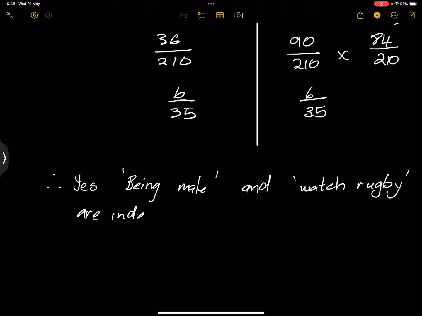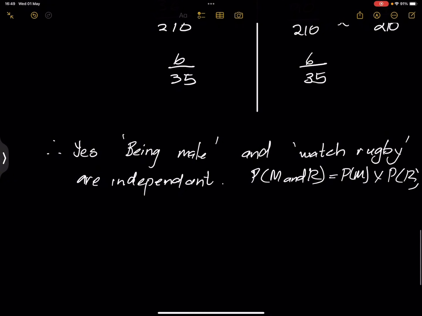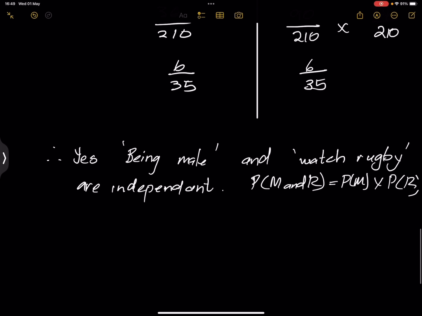Okay, and why is that? Right, because the probability of male and rugby is equal to the probability of male multiplied by the probability of watching rugby. Right, ladies and gents, this is the gist of it.